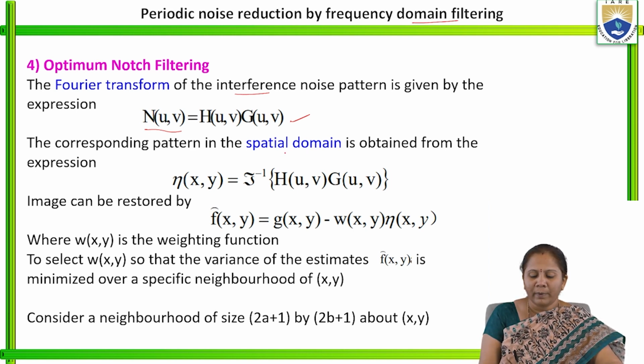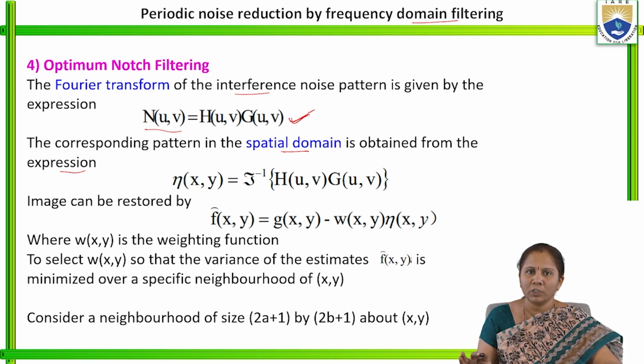So the corresponding pattern in the spatial domain is obtained from the expression. That means if you want to convert this frequency domain into the spatial domain again, we have to apply the inverse Fourier transform.